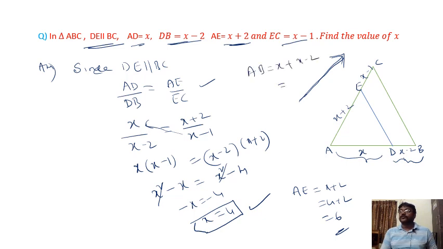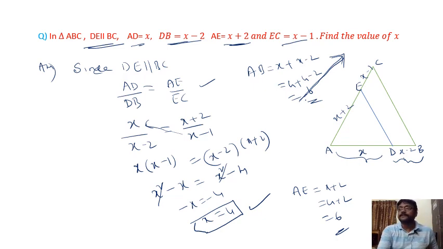That means 4 plus 4 minus 2, that means it's also 6. Okay, you can answer such questions. Carefully observe them, and what is asked is reached or not is important. That's what you have to observe.